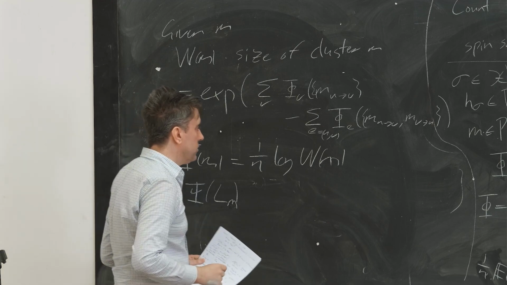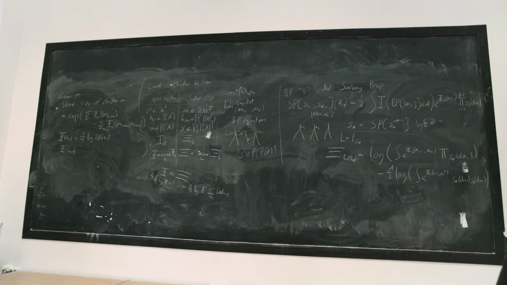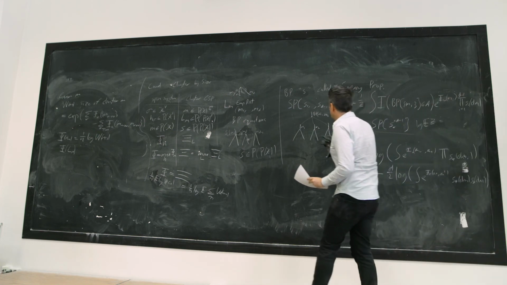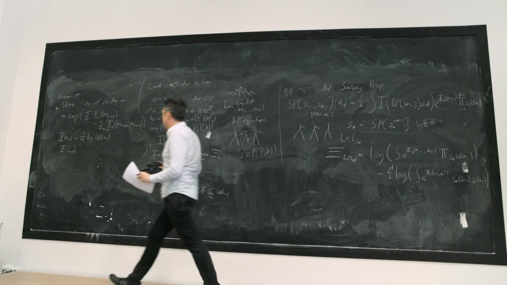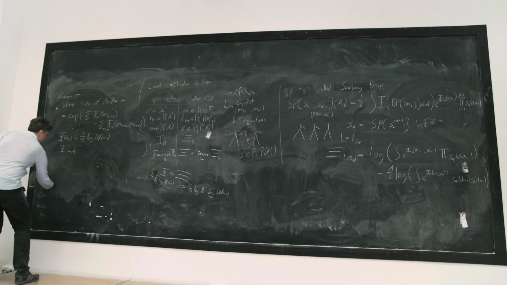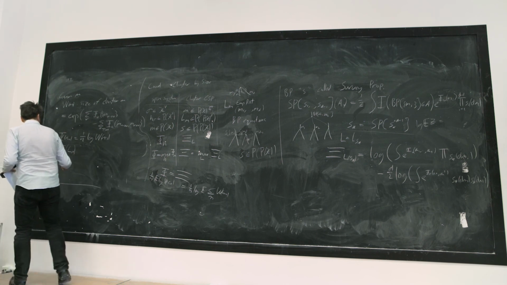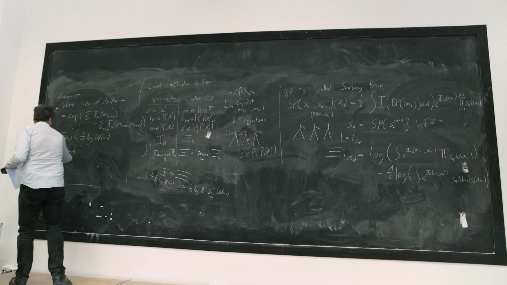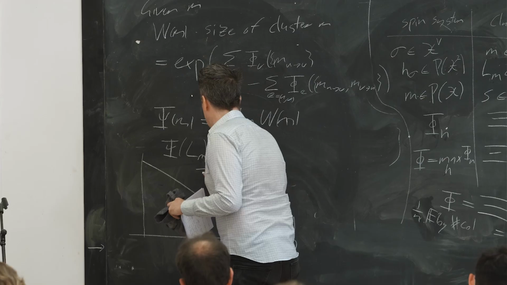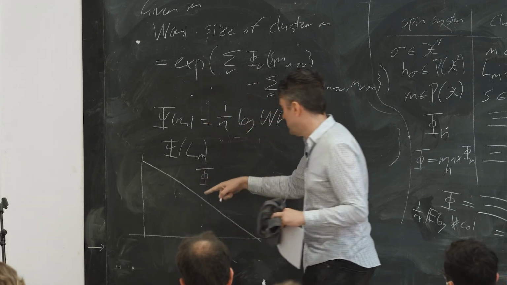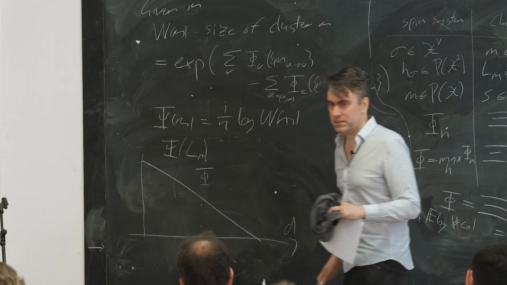Okay, so the last thing I want to write down, I'll try and do it in this narrow space here. So this is a function of d. Phi, this is 1 over n log of the expected value, is some decreasing function.